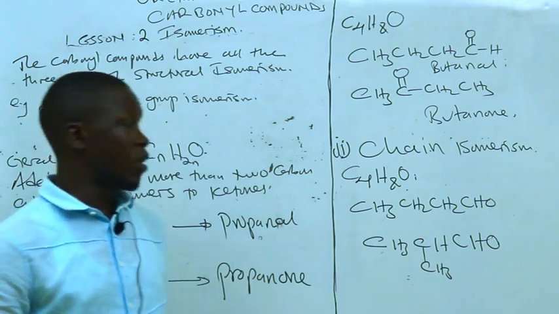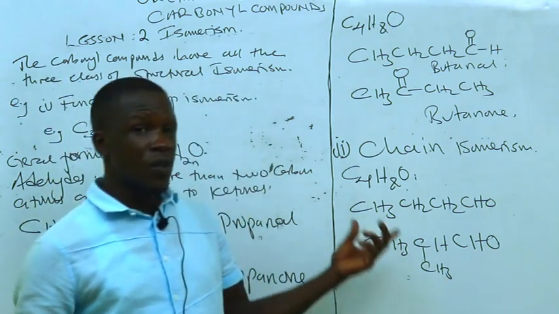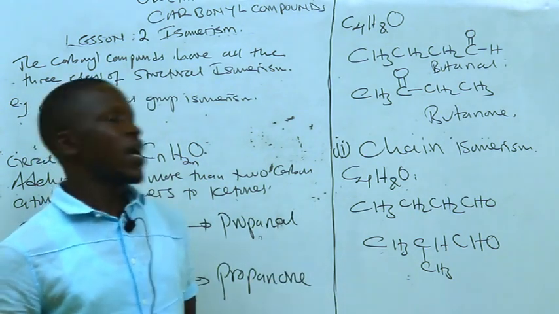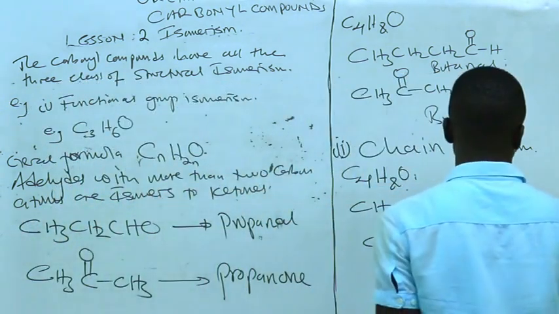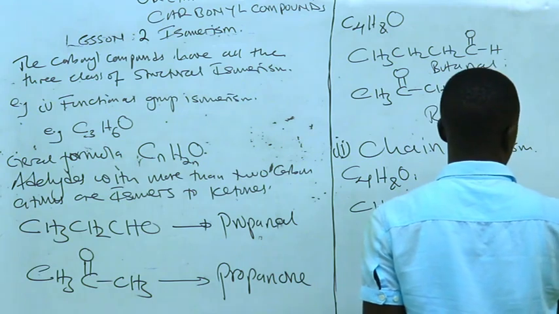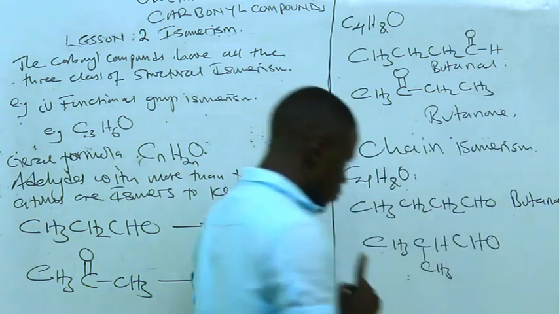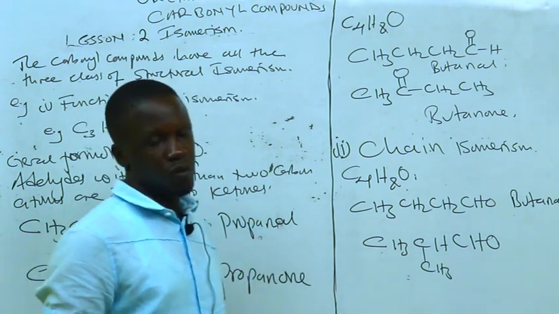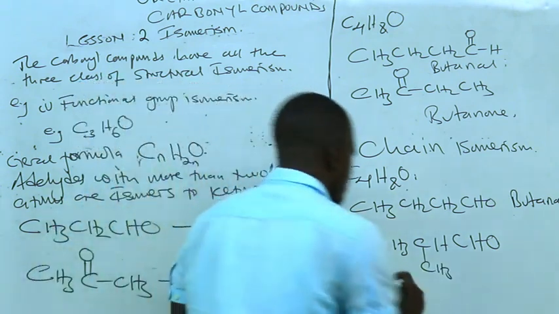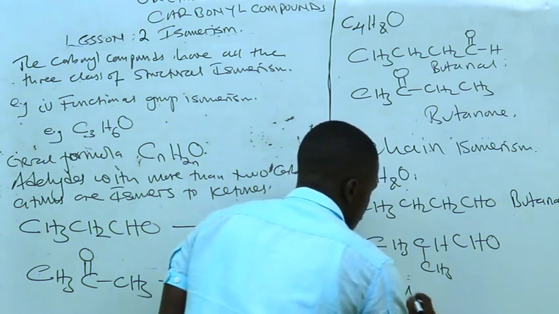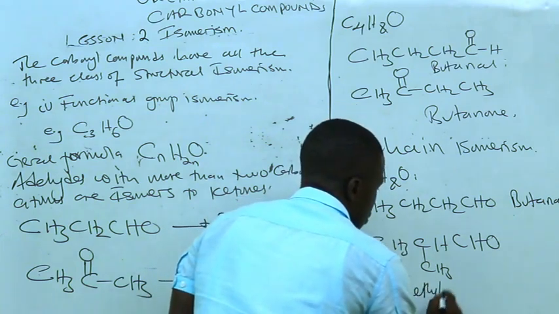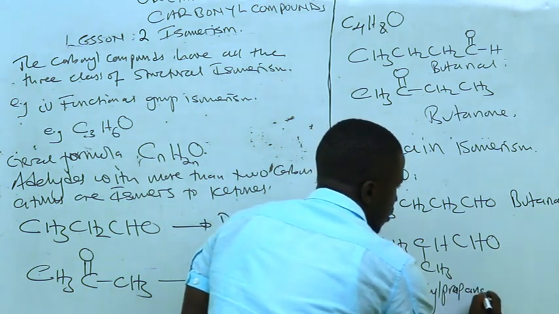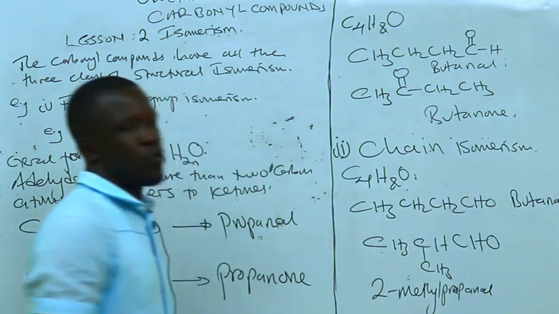The difference is that this one is a branched compound, this one is not branched, and when we name them, both of them are actually aldehydes, and this one will be named as a butanal, whereas this one, on the second carbon atom, if we are counting from the side of the carbonyl functional group, there is a methyl group, so this one will be 2-methylpropanal.